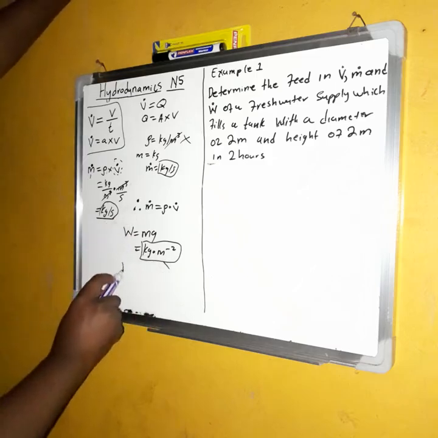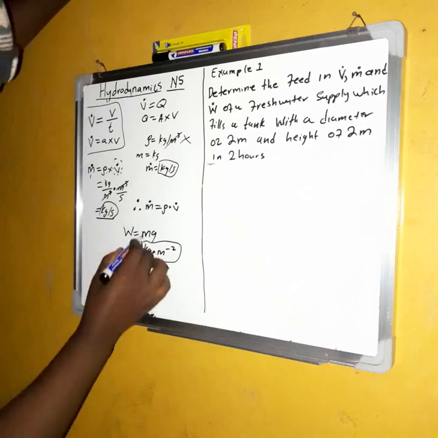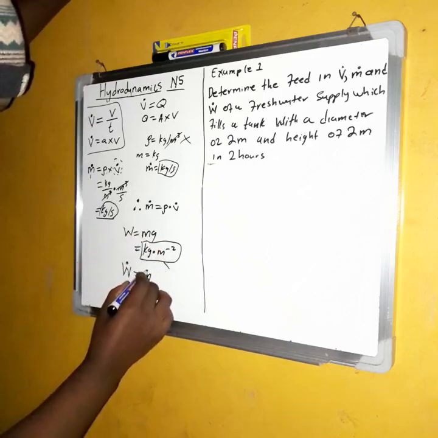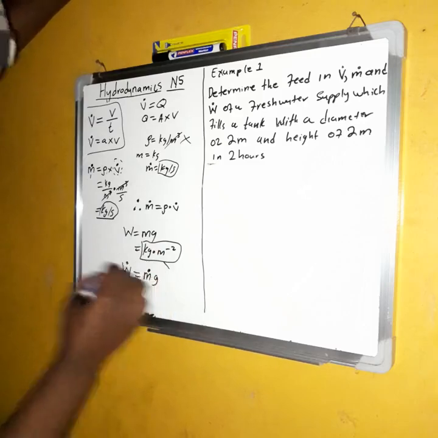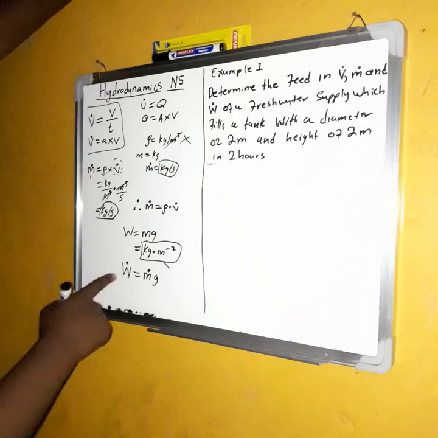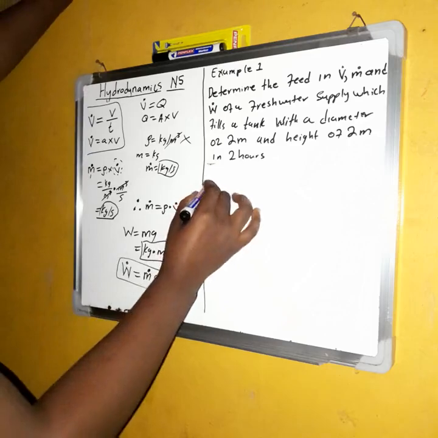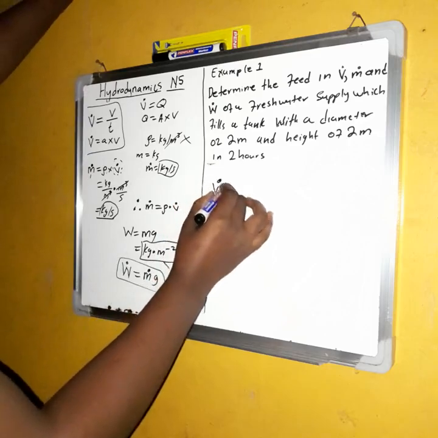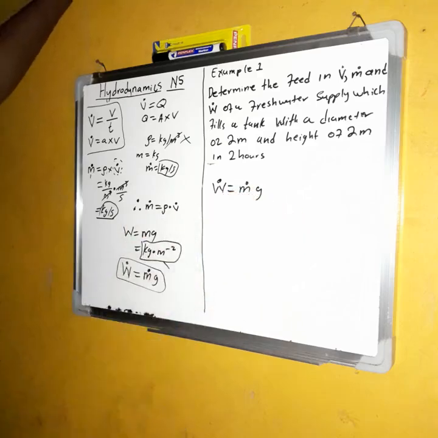So if we want W, the weight flow, we can just make m have a dot. We can multiply the mass flow by gravity. Why do we use this formula?